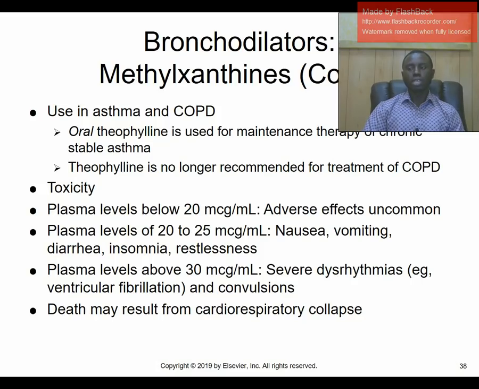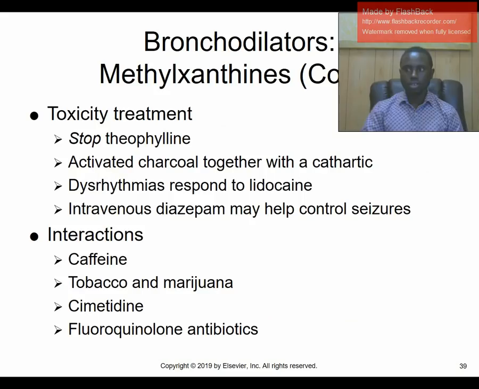So once you begin to see the mild symptoms of nausea, vomiting, diarrhea, insomnia, and restlessness, then you should be reporting these symptoms if you know that the patient is on theophylline. So the provider will be able to evaluate and see what is going on.